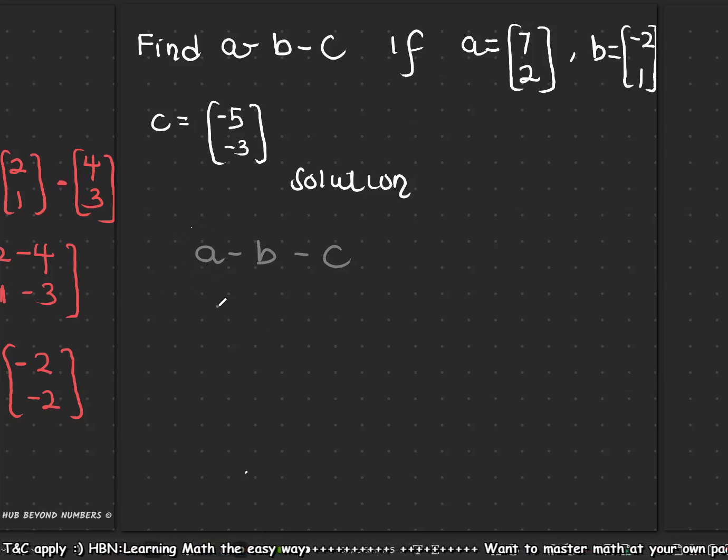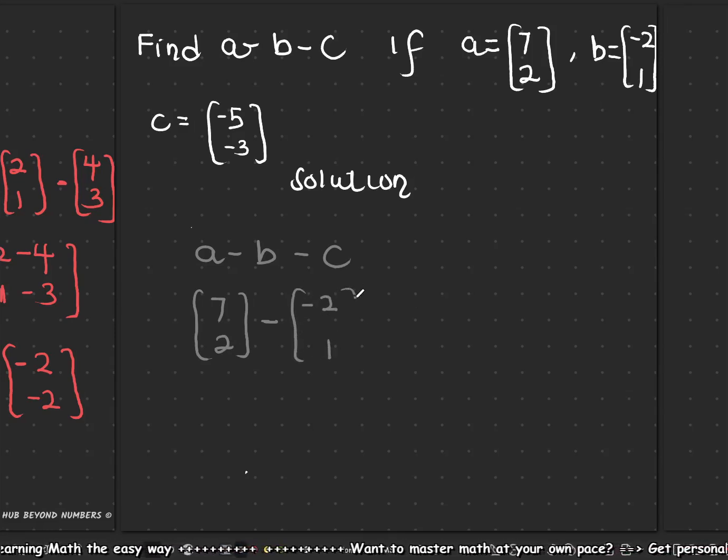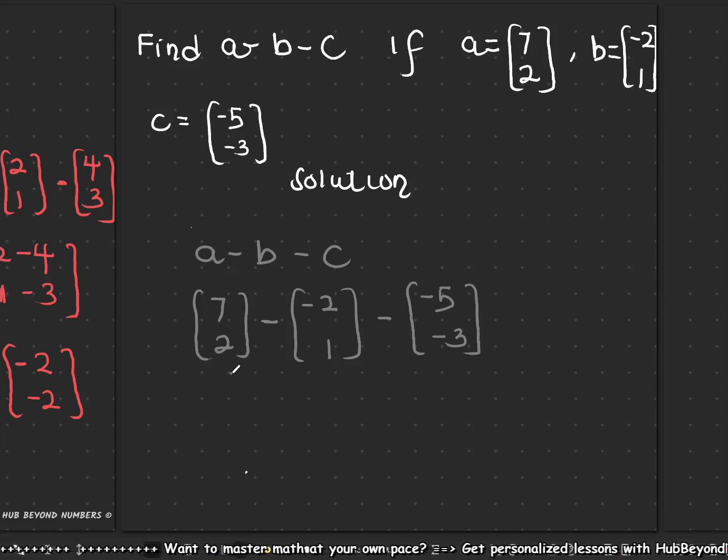Our A is 7, 2. So 7, 2. Then minus our B. B is negative 2, 1. Then minus the C, which is negative 5, negative 3. If you want to evaluate this now, the x components are worked and then the y's are also worked separately.